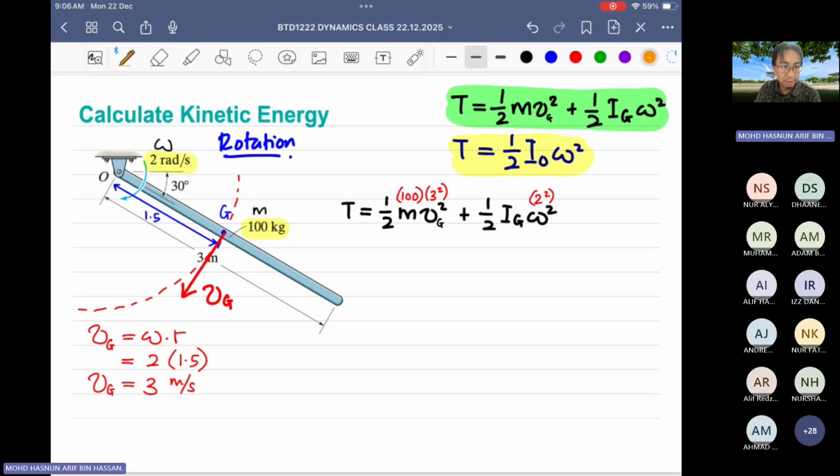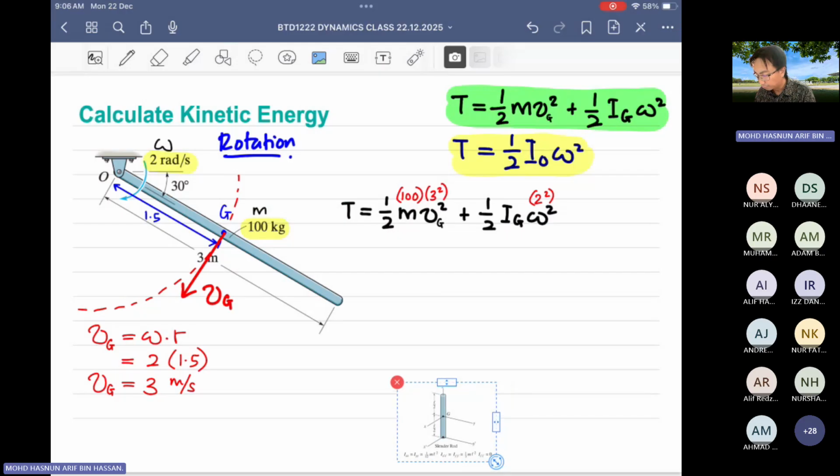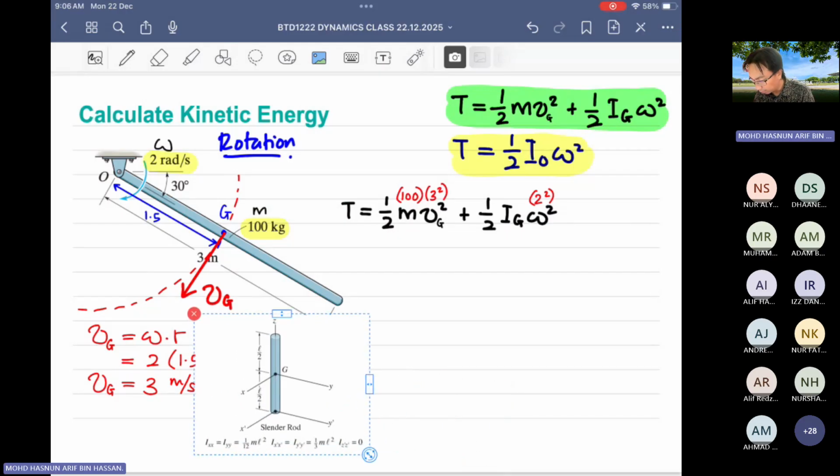If we look at the slender rod, let me copy it and paste it here. So we have a slender rod here.